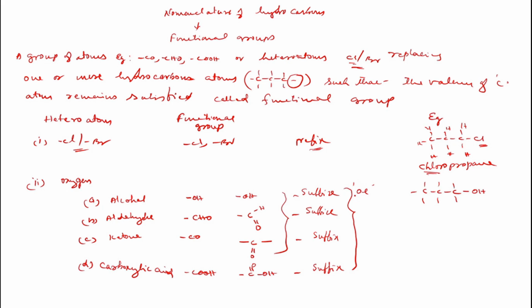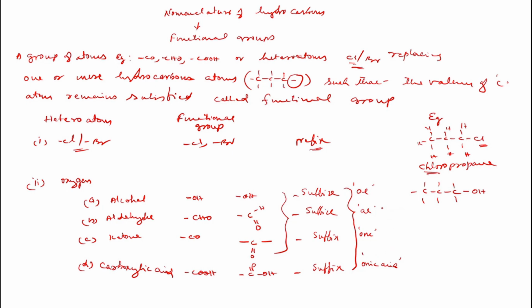If you get an aldehyde group, at the end you have to give AL. If you get a ketone, at the end you have to give ONE. If you get a carboxylic acid, you have to give oic acid. Like this, you have to give the suffix.